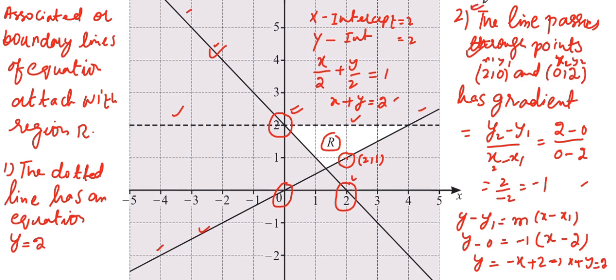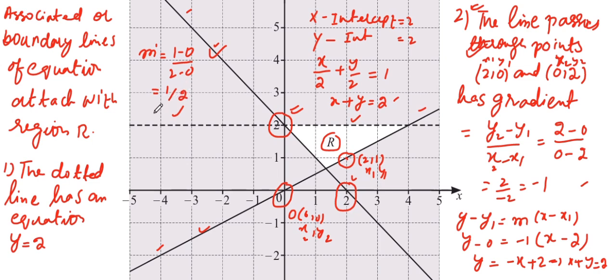So to find the equation of the third line, I will use the earlier process. We will find the gradient of the line. The gradient of the third line, suppose it is denoted by m dash. The coordinates of the origin are 0, 0, so take this as x1, y1 and this as x2, y2. The formula becomes 1 minus 0 over 2 minus 0, which is equal to 1 by 2.